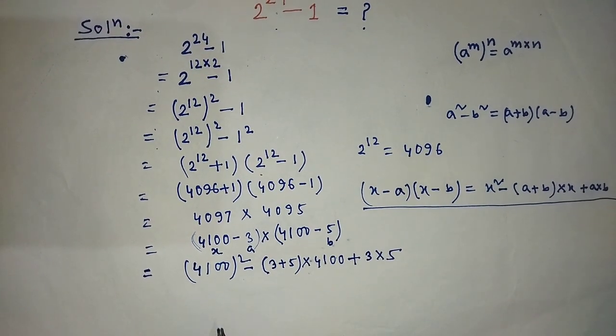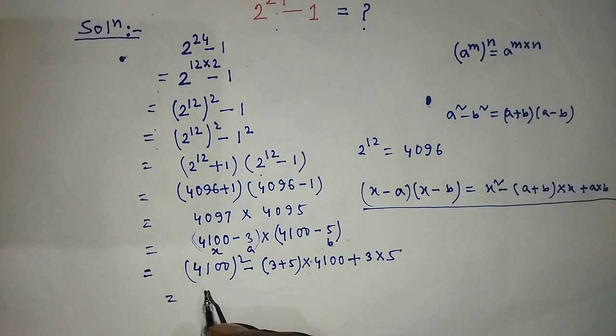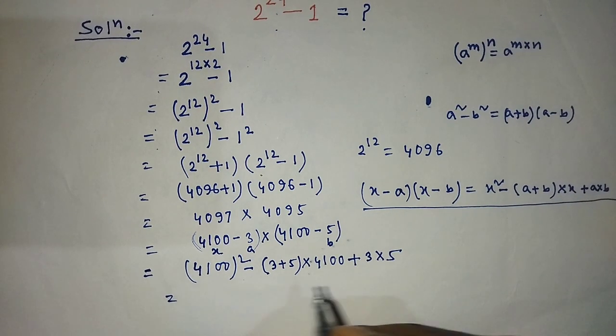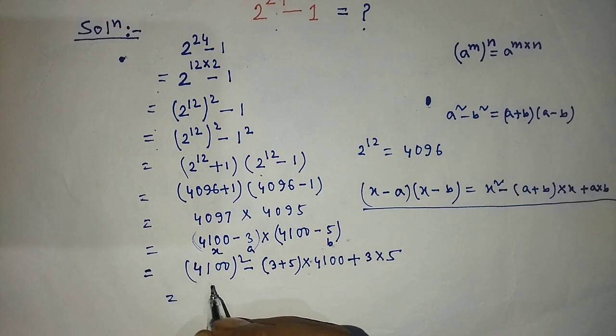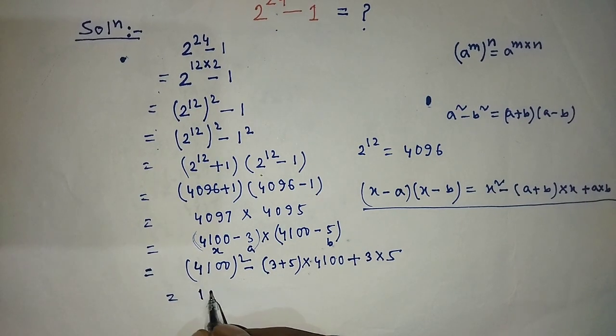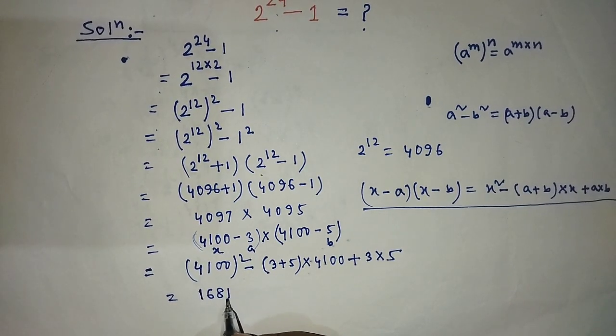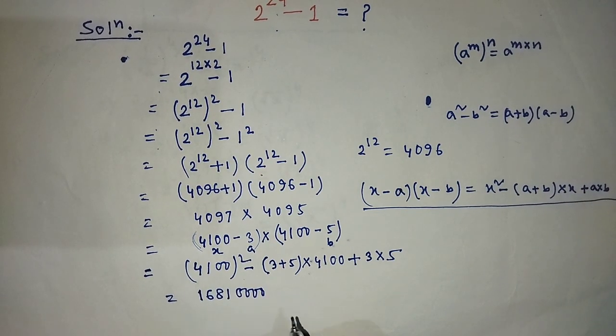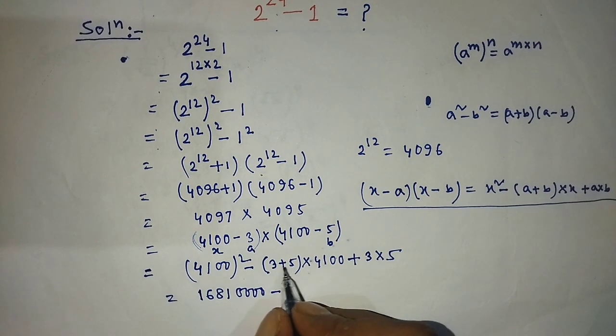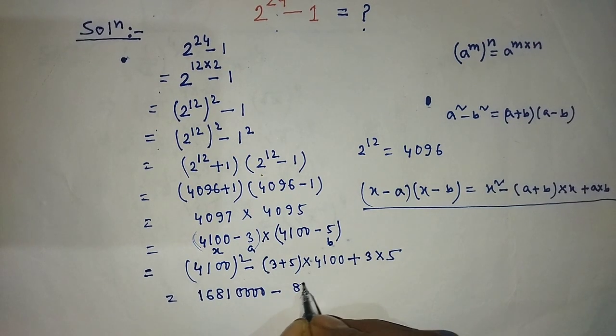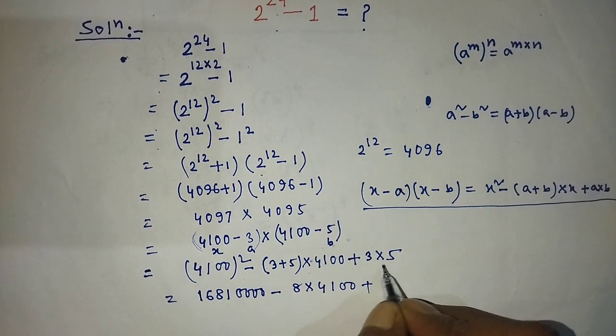So student, after that, my dear student, we have to write the square of 4100. Okay, so the square of 4100 is 16810000, minus 5 plus 3, that is 8, 8 into 4100, plus 3 into 5, that is 15.